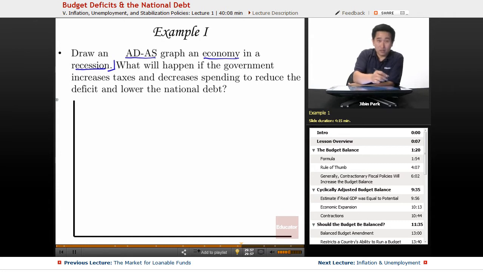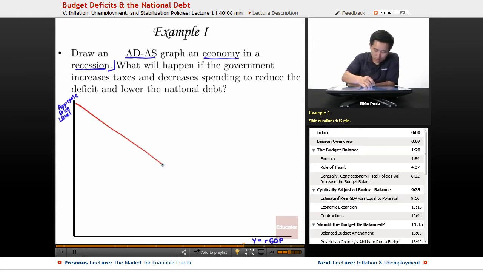Remember, on the y-axis you're going to have the aggregate price level. If you just write price level, it should be fine. Then on the x-axis, you have Y equals real GDP. Here is the aggregate demand, so label this AD1.